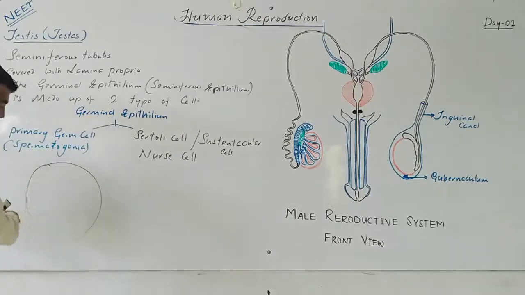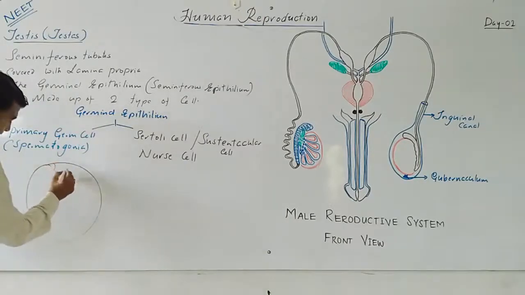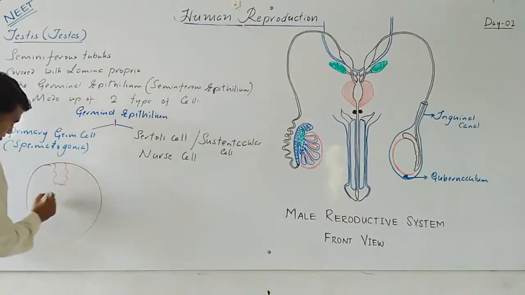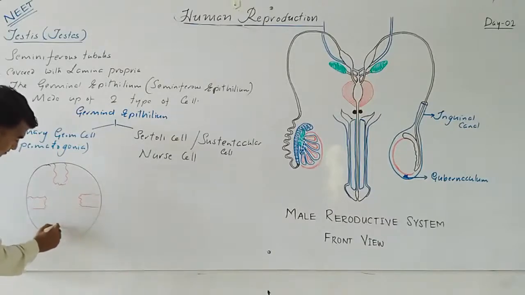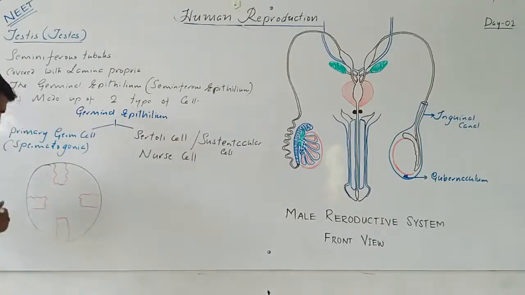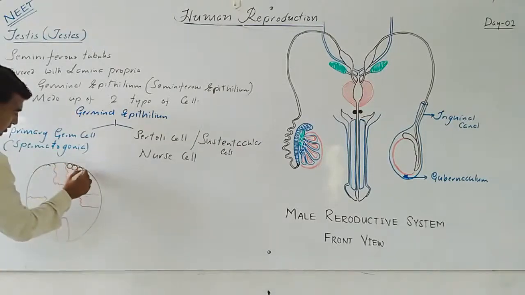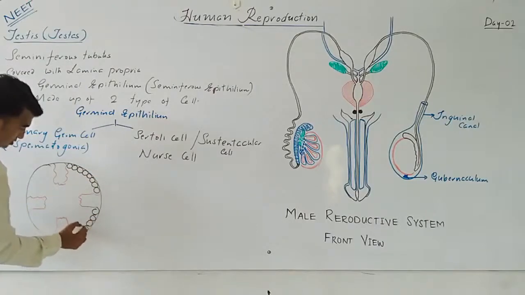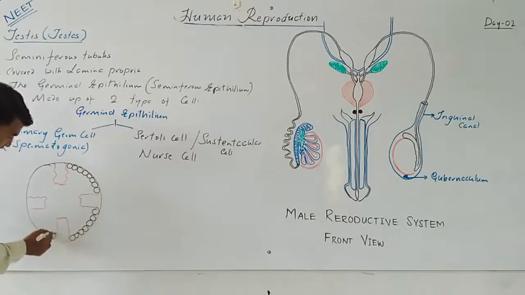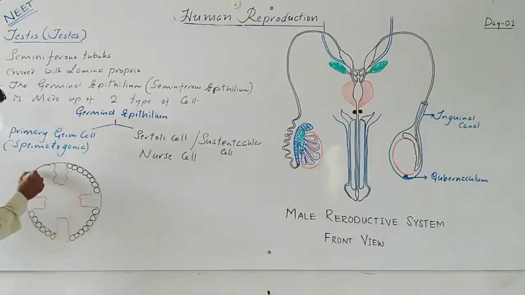It is covered by the lamina propria inside. So these are the Sertoli cells, and these are the primary germ cells, which produce spermatozoa.